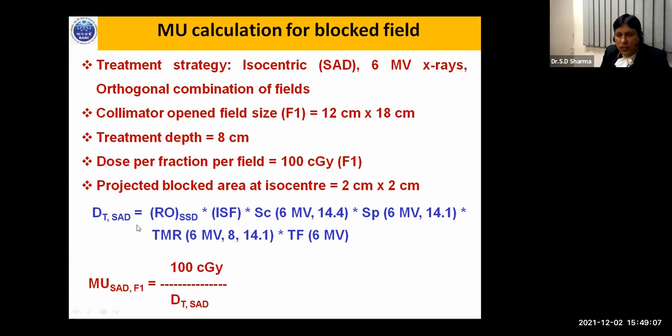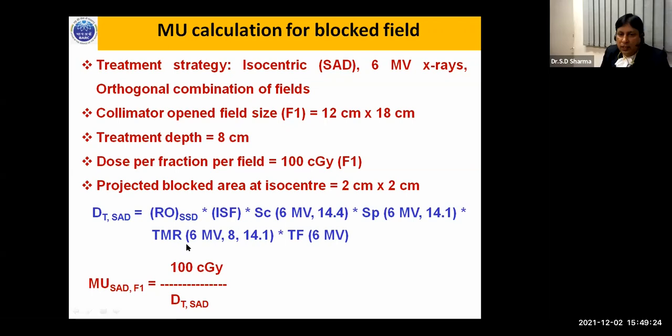So if I have to calculate tumor dose rate in this case, then this approach is very simple. Now collimator scatter factor will be looked for 14.4 field size, and phantom scatter for 14.1 field size.